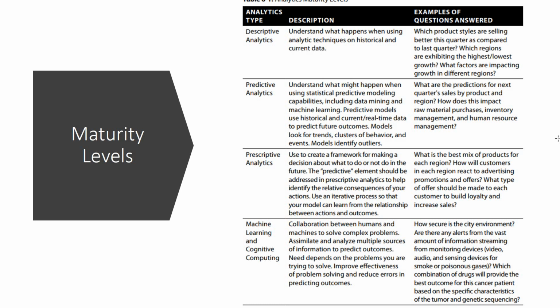Some examples can be very easy to understand here. What are the predictions for the quarter's sales by product and region? How does this impact the raw material purchases, inventory management, and human resource management? See the kind of questions that differ between the descriptive analytics approach and the predictive analytics approach. This is a very important aspect to understand how exactly the analytics types differ and what kind of questions can be answered by following these approaches.